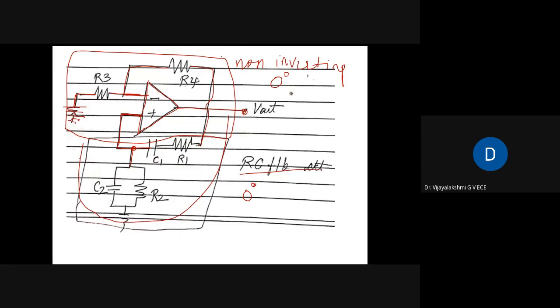So this feedback network, which has 2 stages of RC with one series connection and one parallel connection, gives us 0 degrees phase shift, such that the overall phase shift is 0 degrees in order to satisfy the Barkhausen criteria.